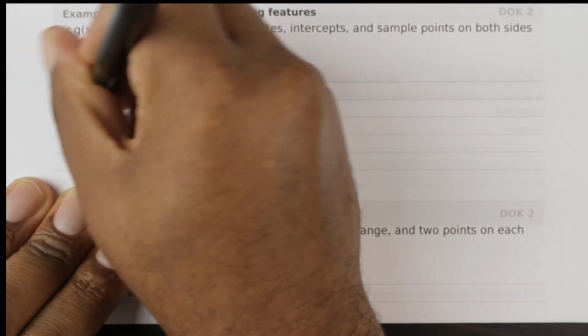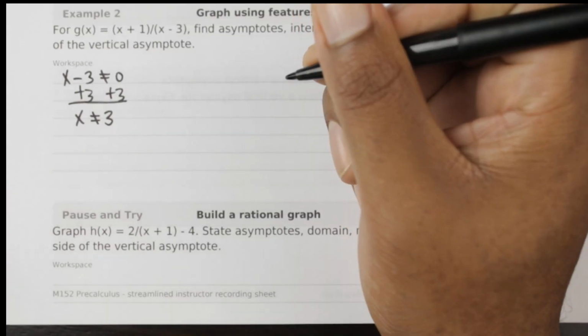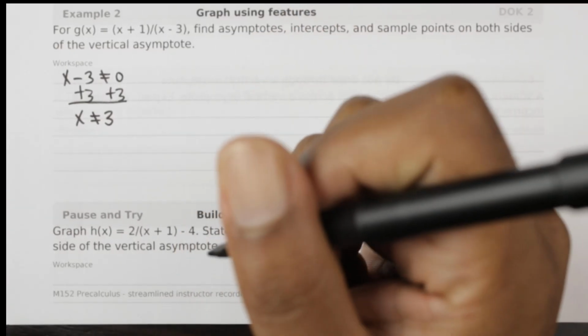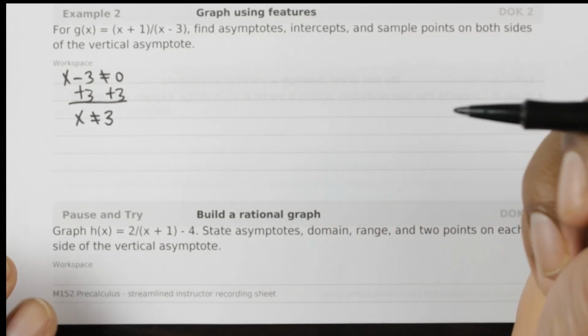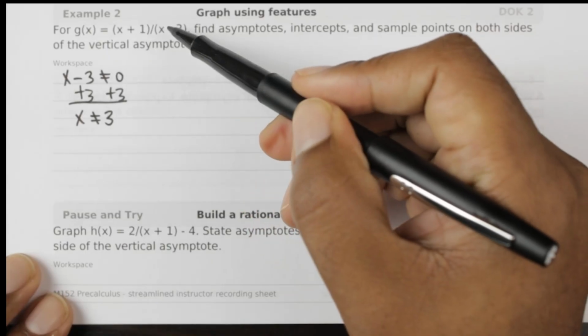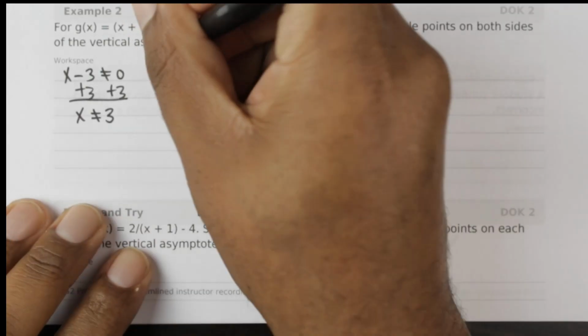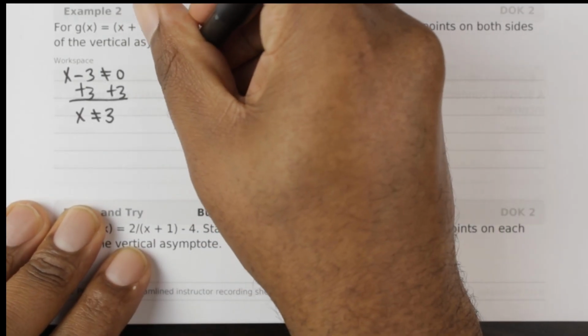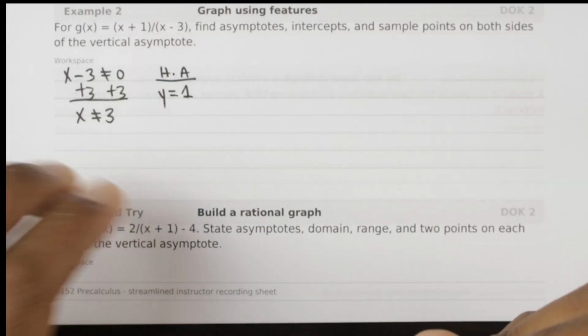Add 3. x cannot equal positive 3. Now we need to find the horizontal asymptote. The numerator and the denominator both have a degree of 1, as you can see. So the horizontal asymptote is y equals 1.